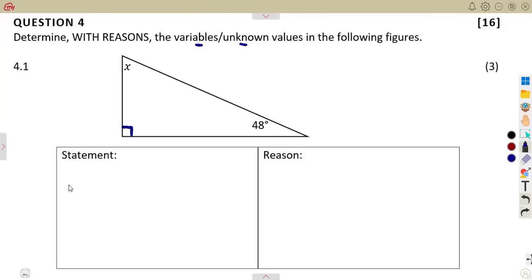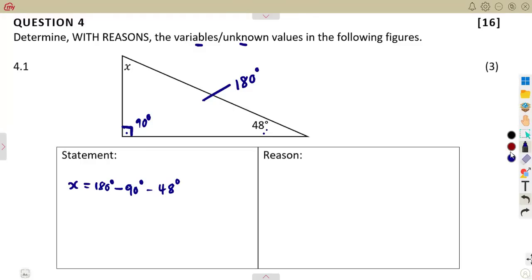We can find x by removing these two angles from 180 degrees, because we do understand that the angles inside a triangle add up to 180. So x is equal to 180 degrees minus, we subtract the 90 degrees, the right angle, and you also subtract the 48 degrees.